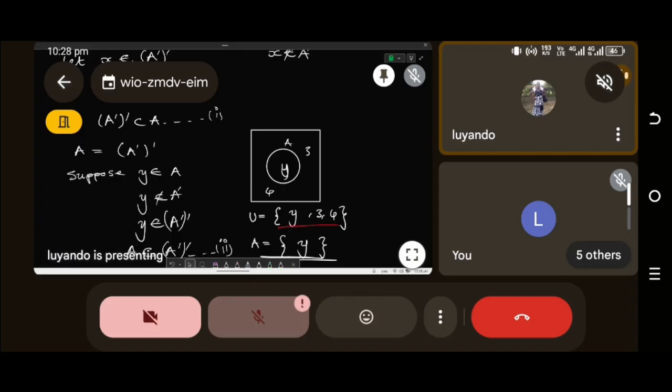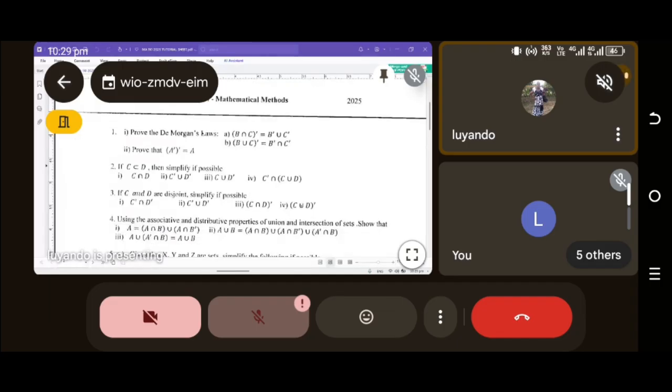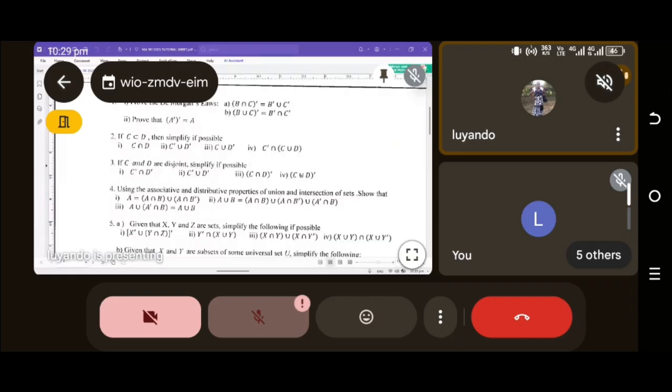Let me go back to the questions list to see which one was the next question. Okay, number 2. Someone sent me number 2. So on number 2 here, we are going to do 1 or 2. Can someone quickly choose from these four which one we are going to tackle here, so that we move on to the next question as well?